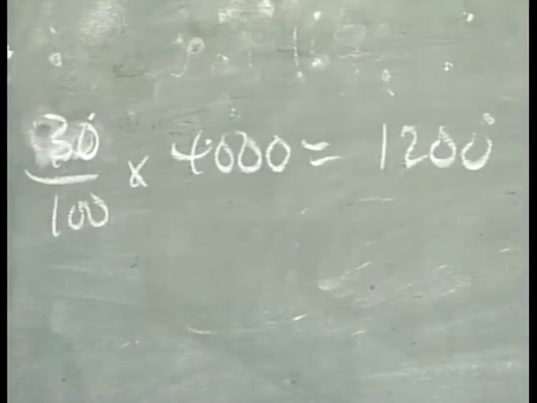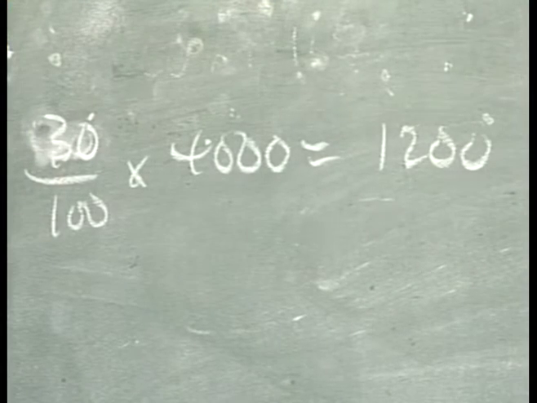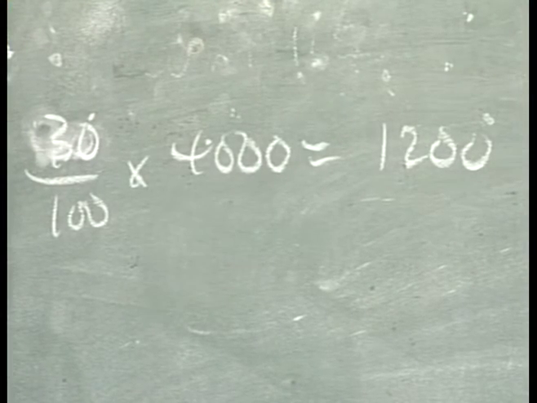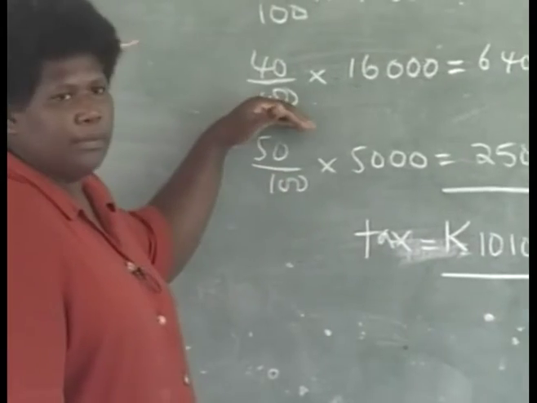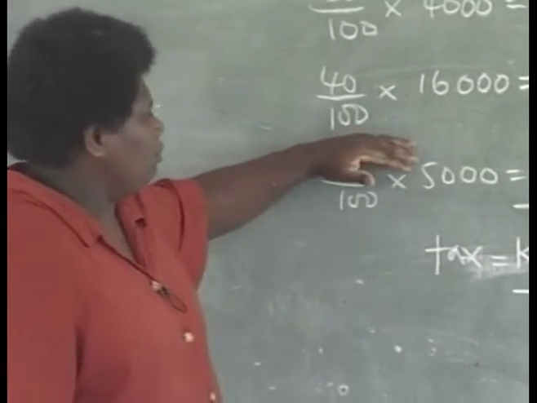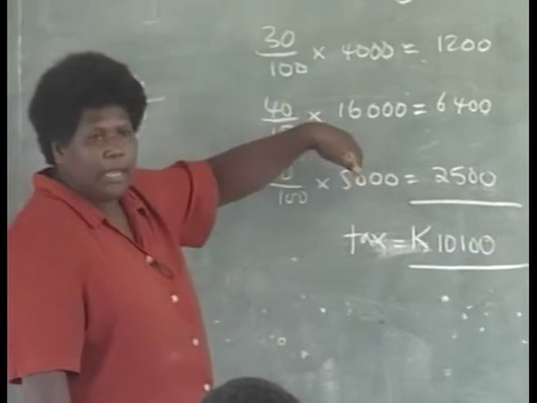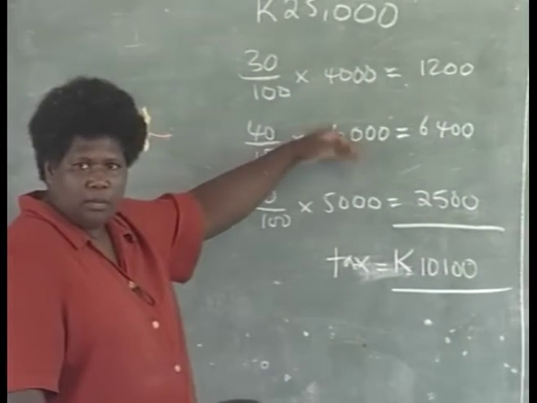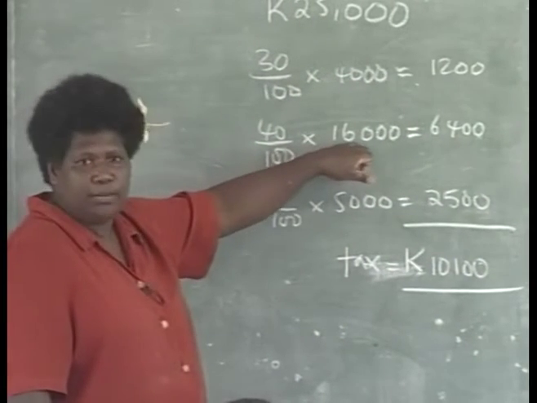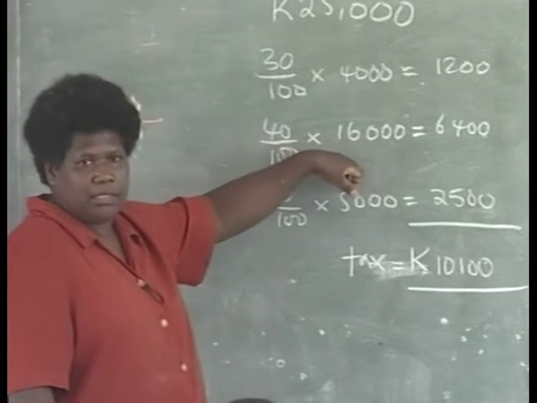Is it more than 20,000? No. That means 50% will only be calculated if the amount of money is more than 20,000. So from 5,000 up to 20,000, which is up to the next 16,000 only, you calculate 40%.